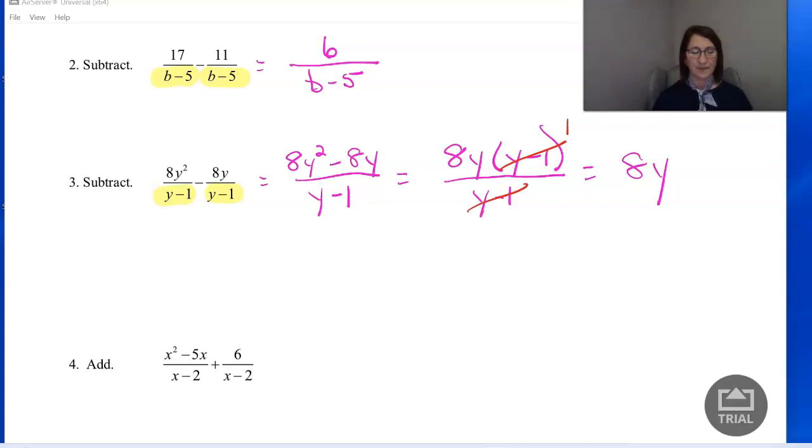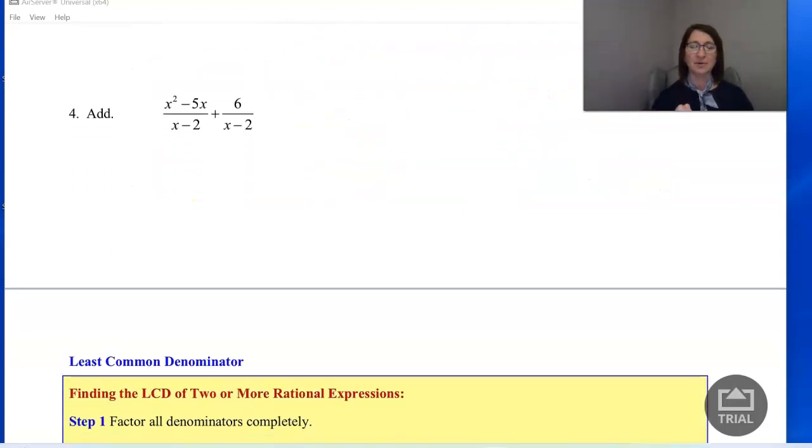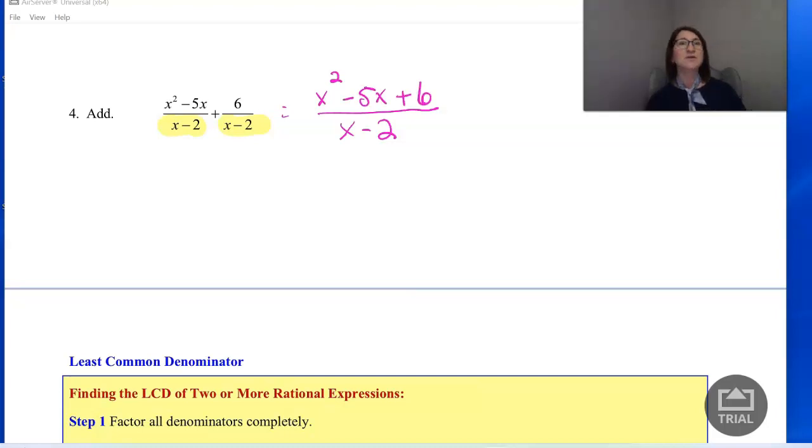All right, let's look at number 4. Our denominators are the same. So I'm going to bring over that common denominator of x minus 2. My numerator is x squared minus 5x plus 6. What we notice here is we have a trinomial, and it's a quadratic.